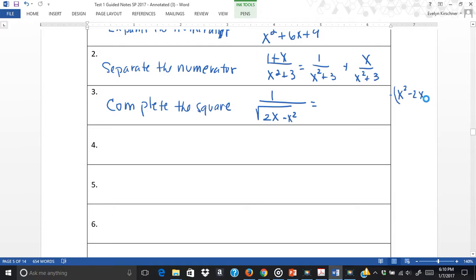I have a negative on the outside. I would add half of that, which is 1. This becomes a negative (x minus 1) squared, but I have to subtract 1 as well. So I have a square root in here, but it would be 1 minus (x minus 1) squared.